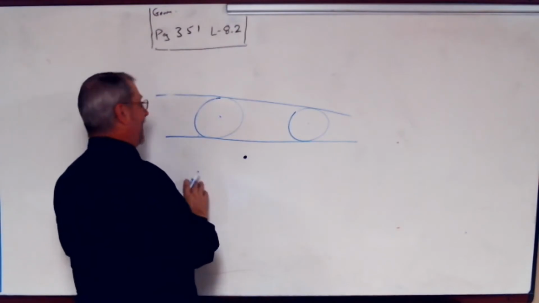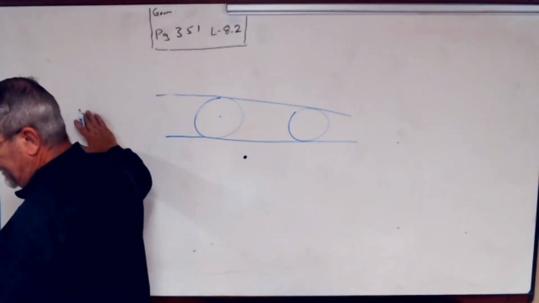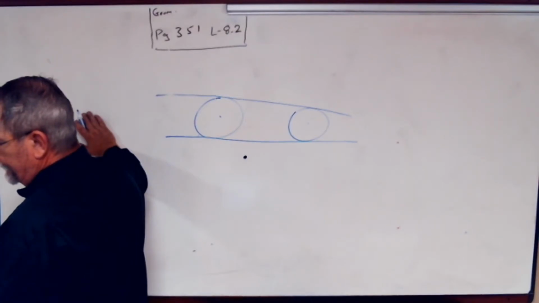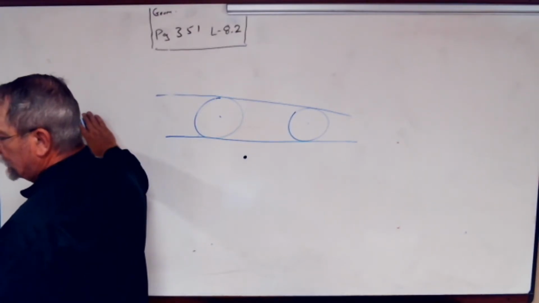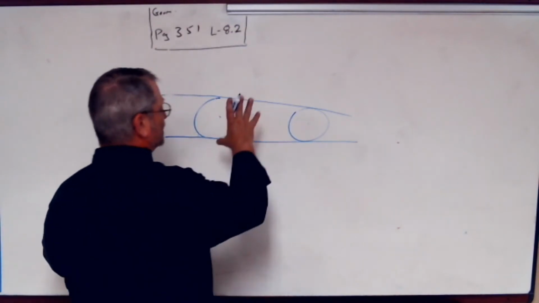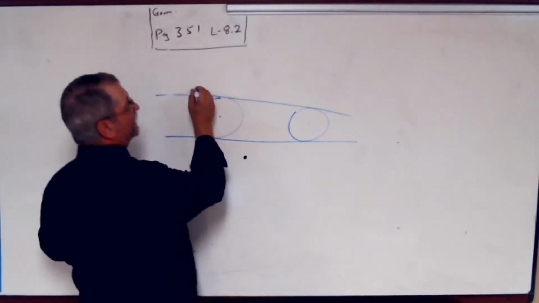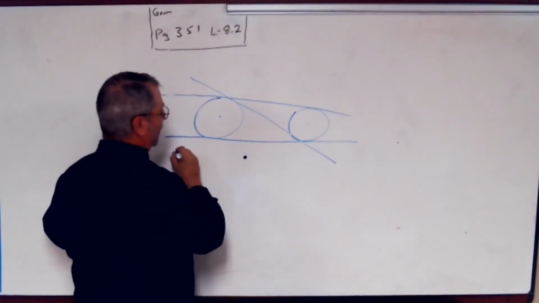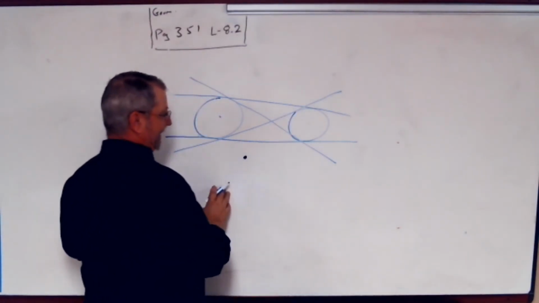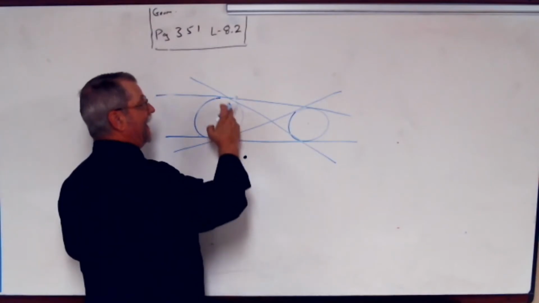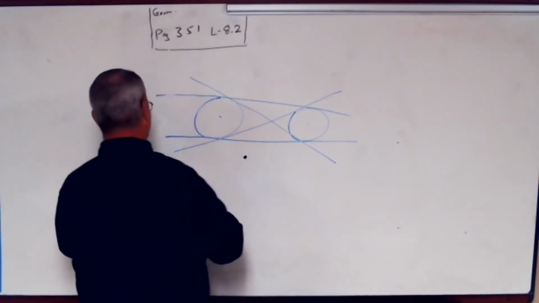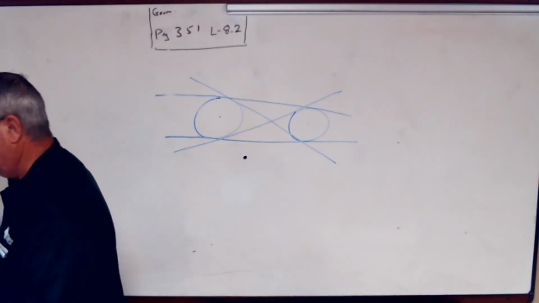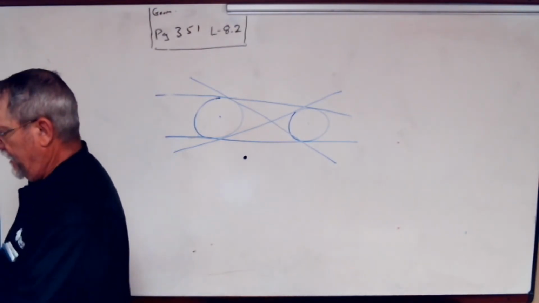Those would be, I think they're called, if I'm not mistaken, just to make sure, those are external tangents because they're outside. Right here, let's see if I can do this because I'm really smart. These are common internal tangents, okay? External tangents, internal tangents. I'm pretty sure. Make sure I read that right. Common internal tangents, yes, because they intersect.